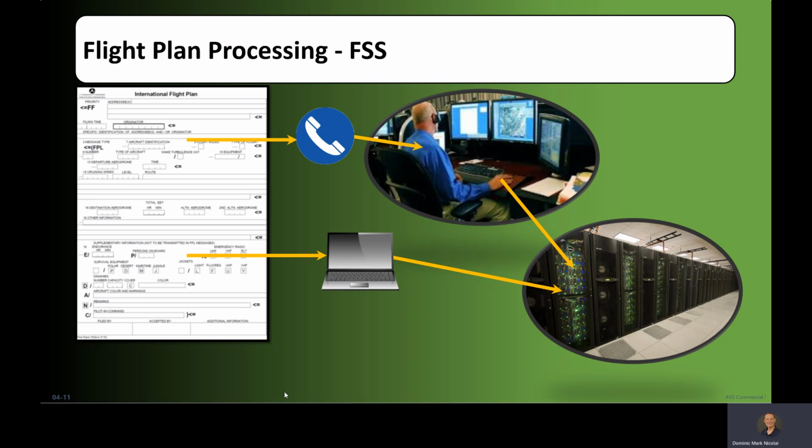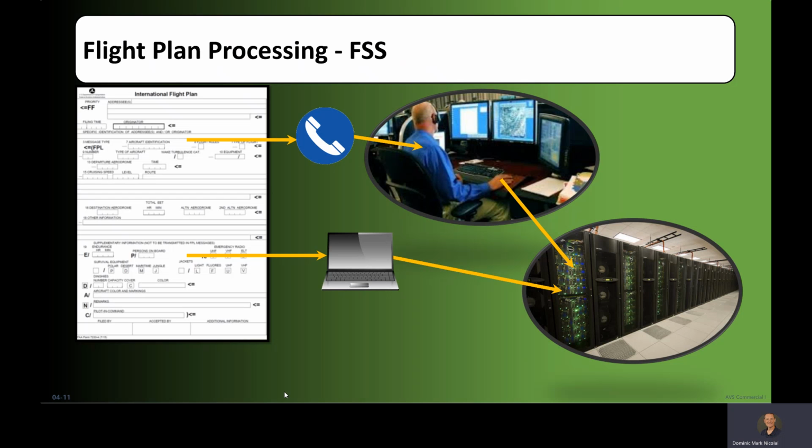If you're using ForeFlight on the computer or on your tablet, you are technically using Leidos flight service anyway to get that information transmitted directly into the Air Route Traffic Control Center computer. So it doesn't matter. Flight service is merely the collection point. They transmit all of these flight plans to the Air Route Traffic Control Center.